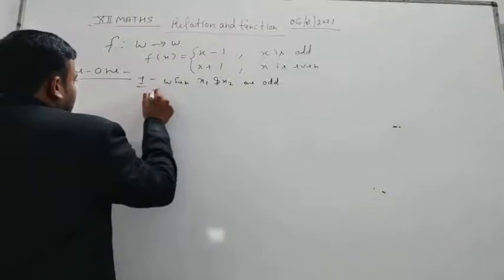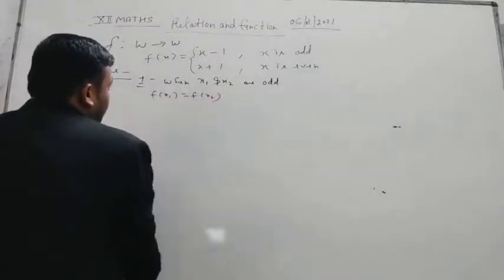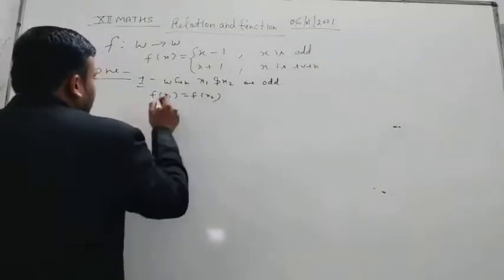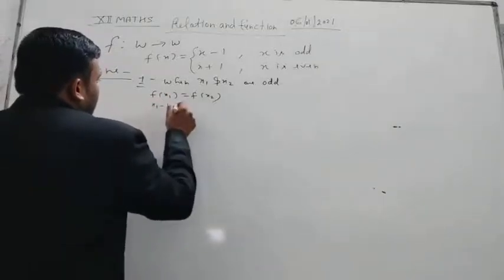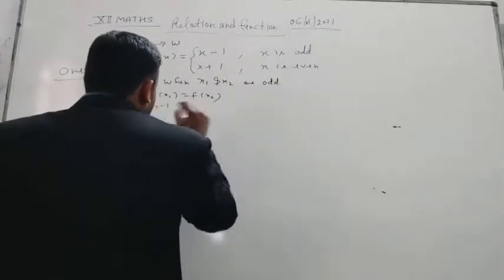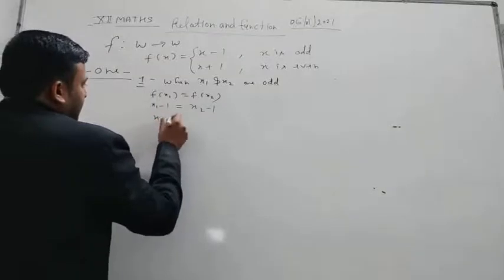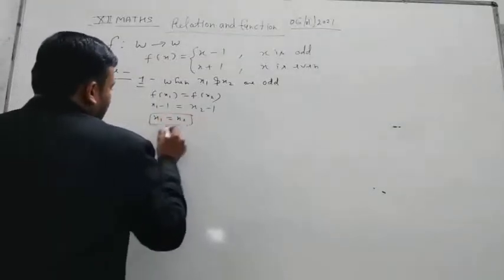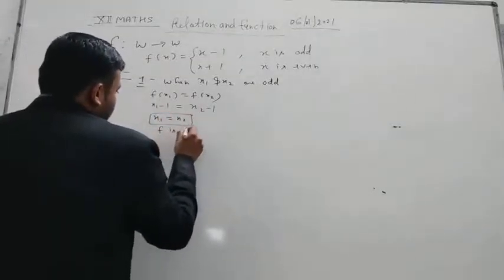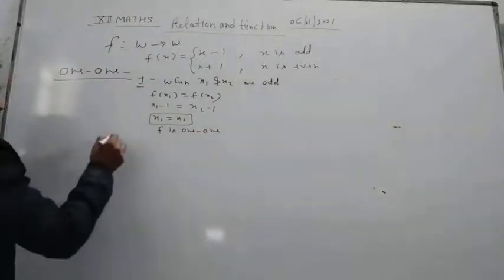So we are getting f(x1) is equal to f(x2) and x1 minus 1 is equal to x2 minus 1. So we can write x1 is equal to x2. So we can say that our function is one-one. Okay. In first case.